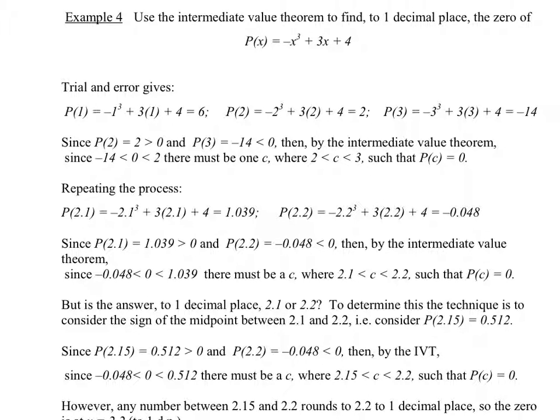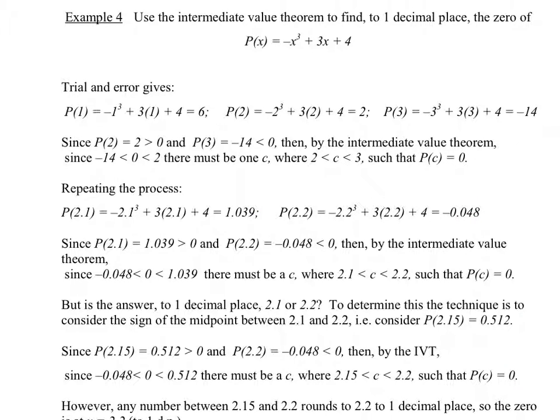Well, we try some more trial and error. We try 2.1. When we plug 2.1 into this expression, we get a positive number. We try another number, 2.2. Well, that gives us a negative number. So we know now that it's going to cross the x-axis somewhere between 2.1 and 2.2 because these numbers are a different sign, positive and negative.